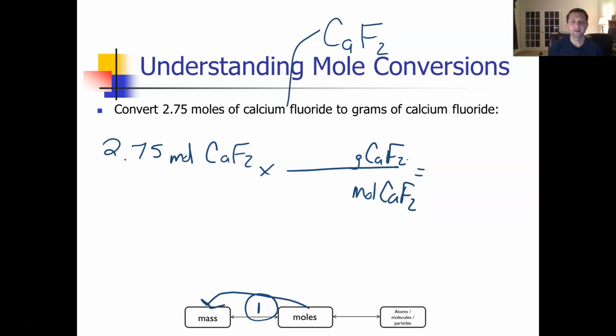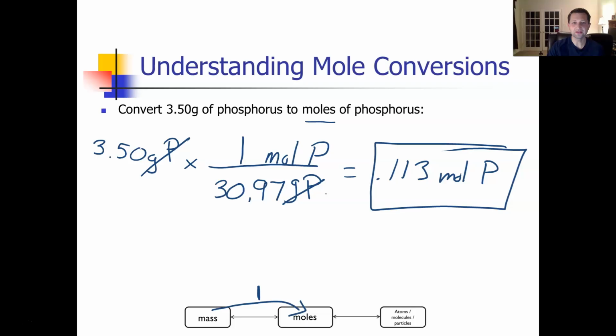Now we haven't really looked at one like this yet. We're still going to have 1 next to moles, because I want to work in terms of 1 mole of calcium fluoride. My equivalence here, just like on the last one, is 1 mole of phosphorus is equivalent to 30.97 grams of phosphorus, or 30.97 grams of phosphorus equivalent to 1 mole.